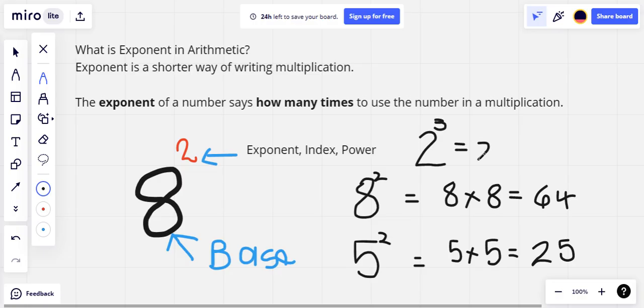So it would be 2 multiplied by 2 multiplied by 2 again. All right. And our answer is, I hope you get this one because sometimes it can be a little tricky. 2 multiplied by 2 will give us 4. 4 multiplied by 2 will give us 8. So that's our answer right there.